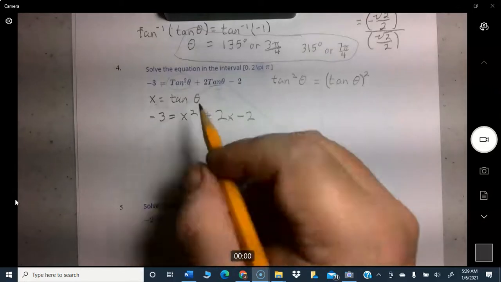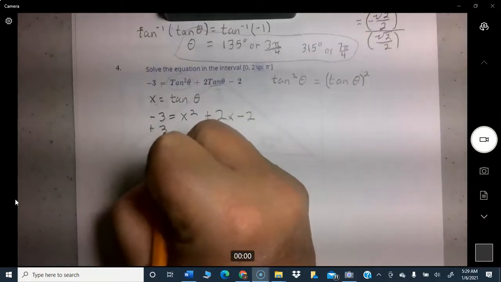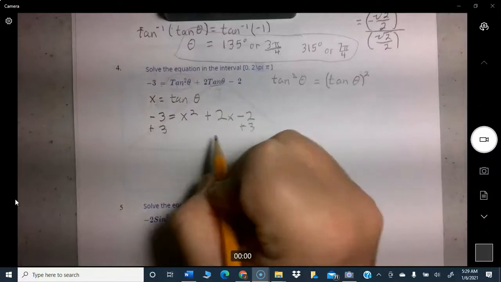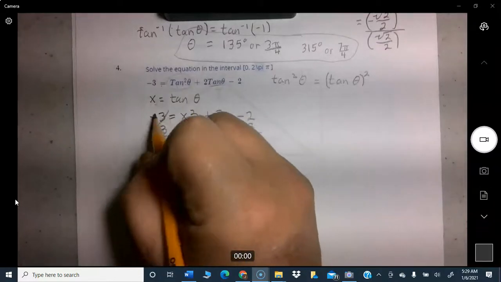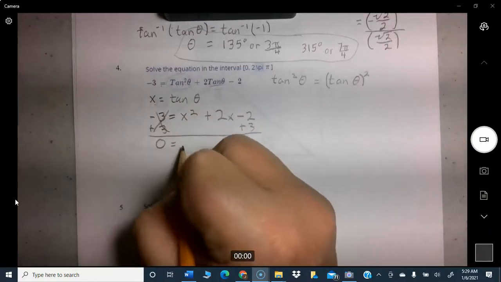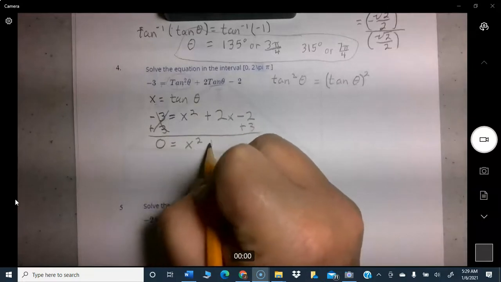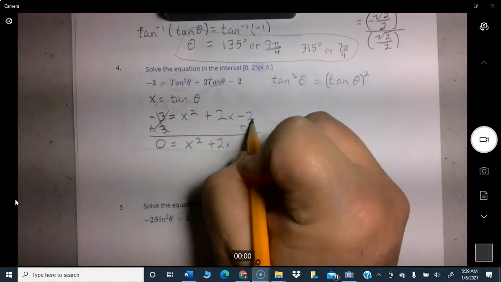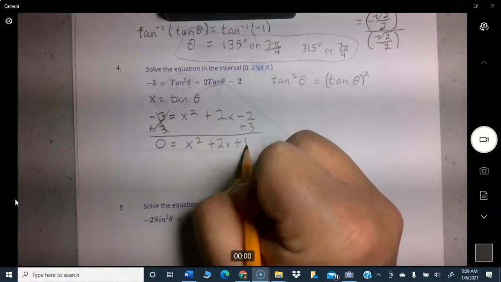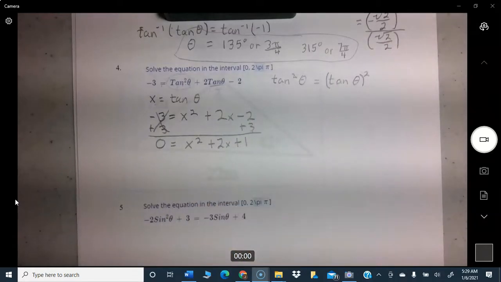Okay, so what we're going to do is add 3 to both sides. This goes away and becomes 0. Negative 2 plus 3 is plus 1. So now you have a quadratic equation right there. And you can solve it with the quadratic formula or by factoring.